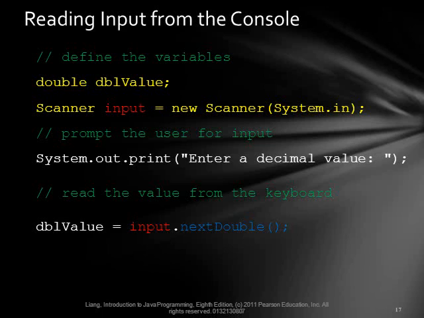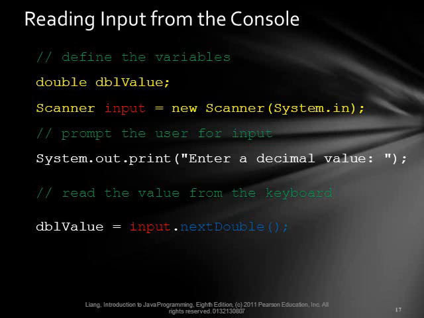By convention, we name our variables starting with lowercase. Notice that we have a convention that we start a class name with uppercase. If I have two words, like double value, then I can uppercase the second word. We call this camel casing, and we'll see this again. The next line creates my scanner object named input.